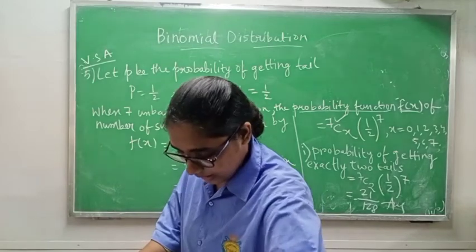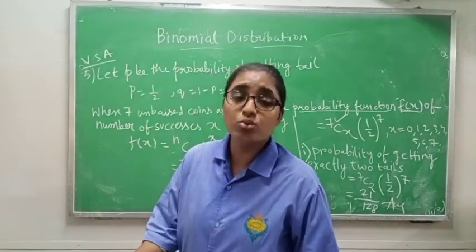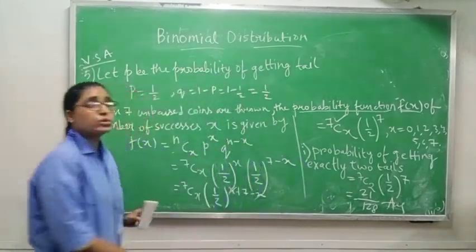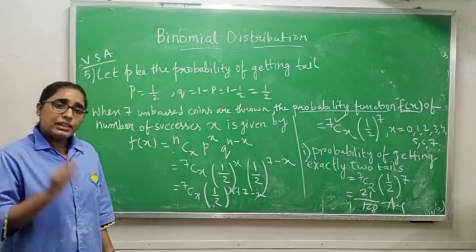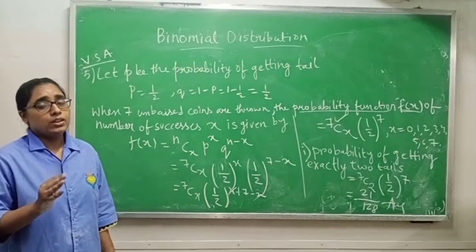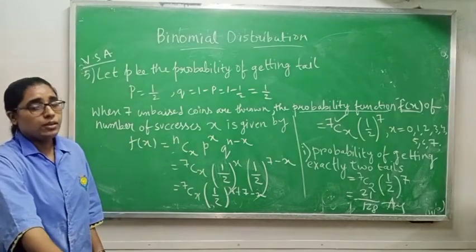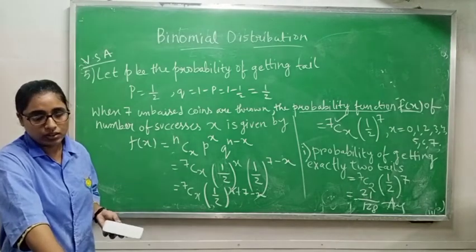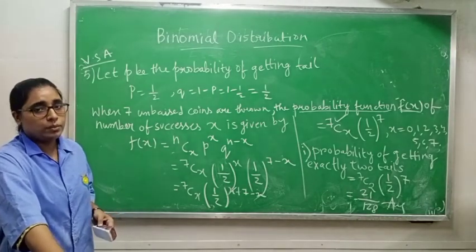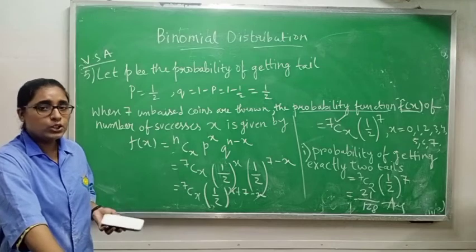Now they are asking Roman 2, at most 2 tails. At most means maximum 2 tails. It can be less than 2, but it will never be more than 2. It will not be 3, 4, 5 like this. It can be 2, it can be 1, it can be 0 also, but it will not be more than 2.